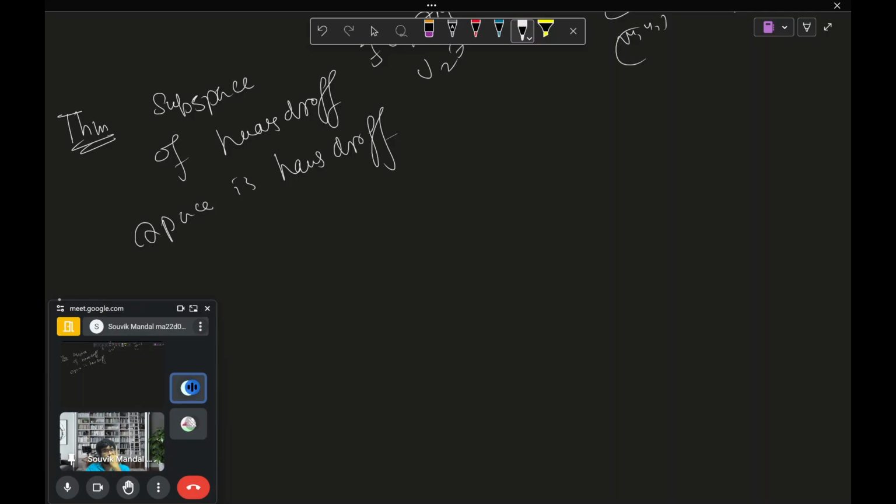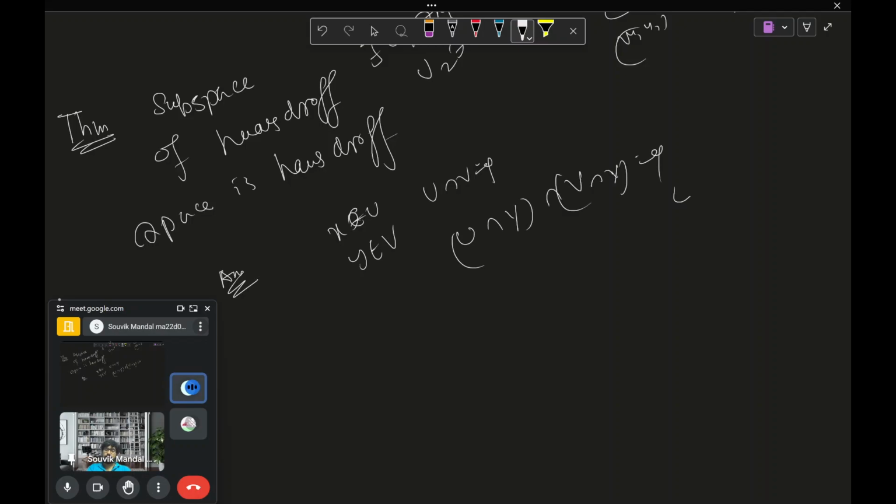Similar proof only, sir. Take two distinct points x and y in the subspace. Now consider these 2 points in the whole space. There will be two disjoint open sets u and v containing these 2 points. Now take u intersection the subspace and v intersection the subspace, and these open sets are disjoint.